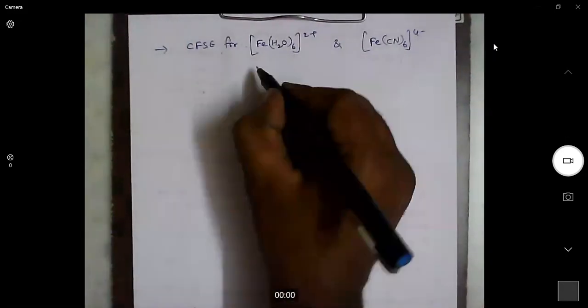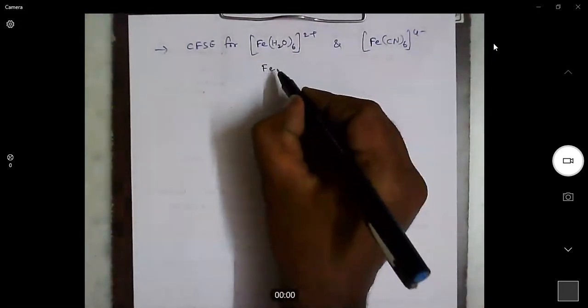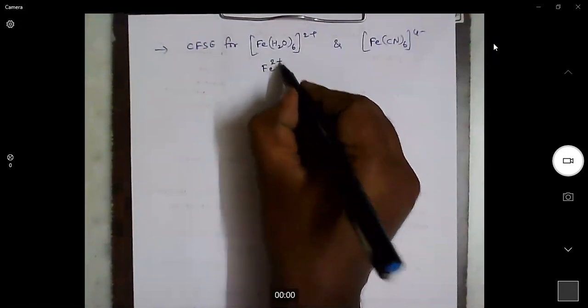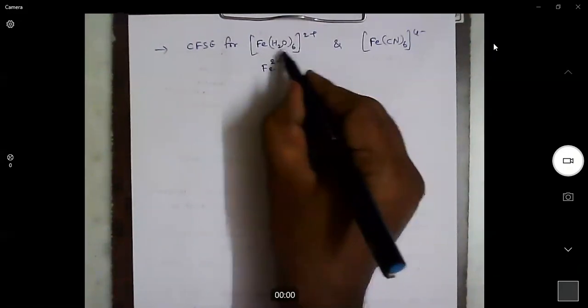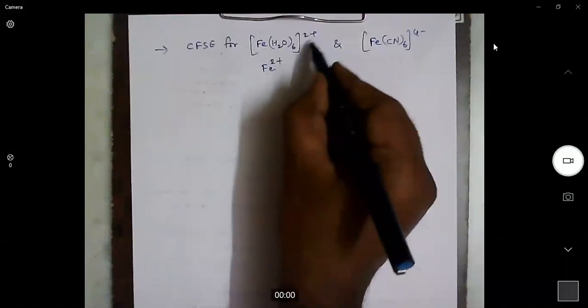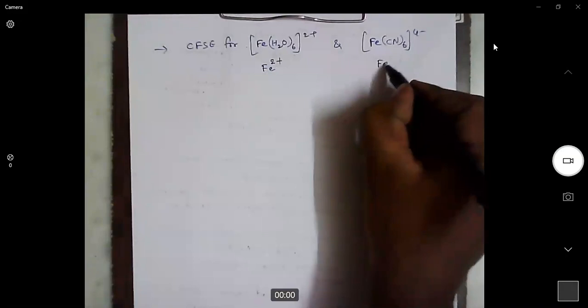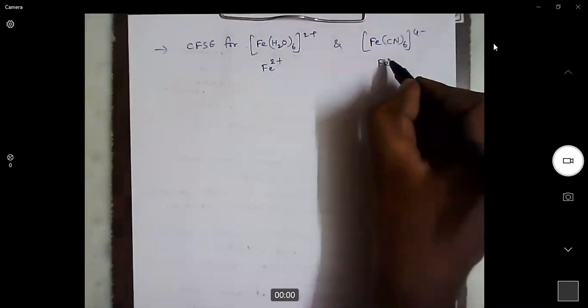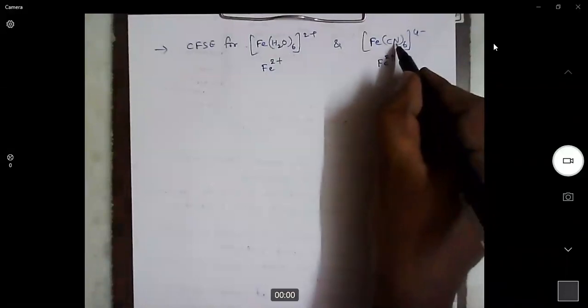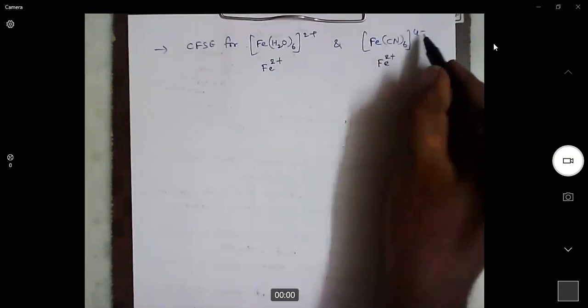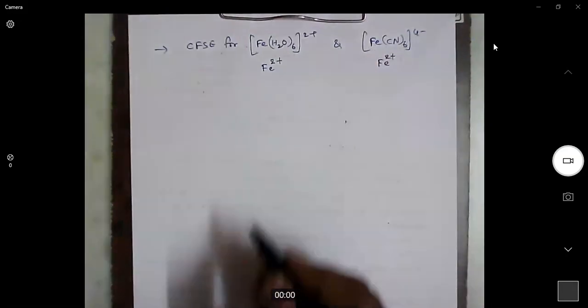In this case, iron is in the +2 oxidation state because water is a neutral ligand, so whatever +2 there is, it is from iron. In this case, iron is again in the +2 oxidation state because there are 6 cyanides, each having -1 charge, -6, but the complex is only 4-. That means iron is in the +2 oxidation state.